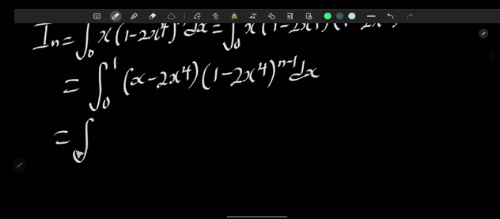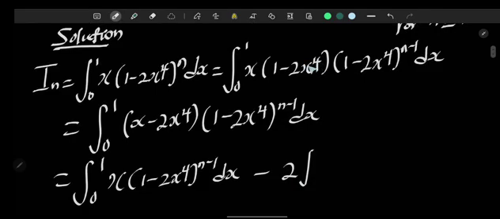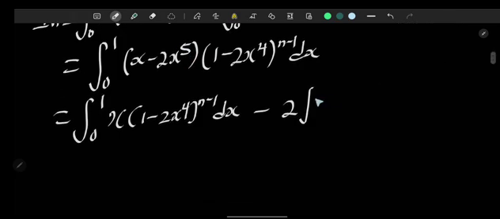When you do that, you have the integral of x(1 minus 2x^4)^(n-1) dx, and then minus 2 times the integral. X times 2x^4 should be 2x^5. Sorry about that. So now you have (1 minus 2x^4)^(n-1) dx.